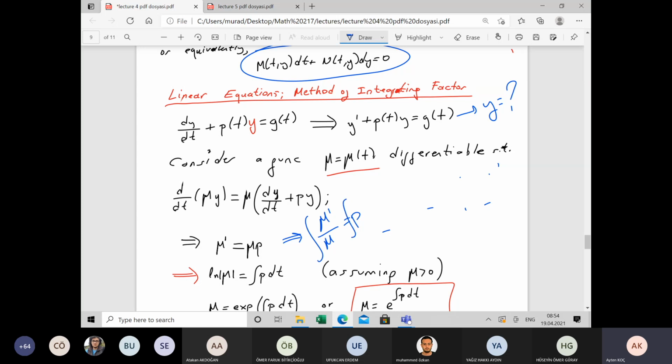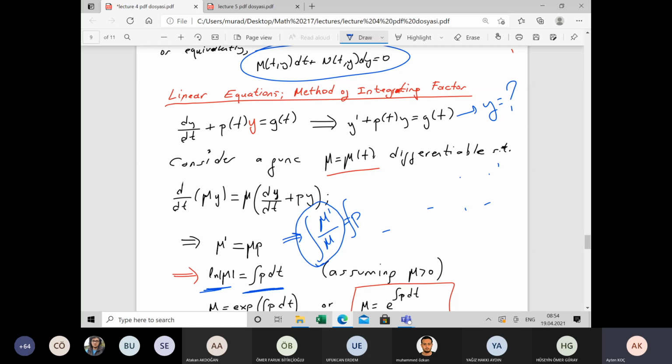Integrating both sides with respect to t, we obtain ln mu equal to this part.